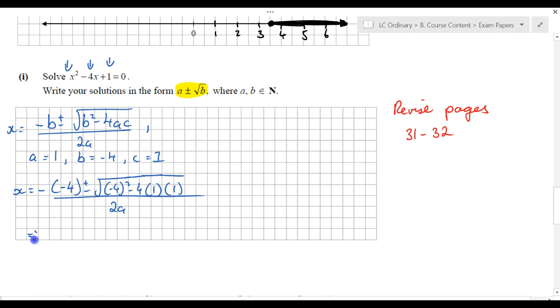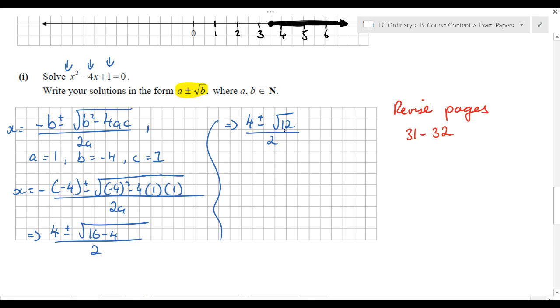This gives two negatives here, which make 4 positive, plus or minus the square root of negative 4 squared, which is 16, subtract 4 by 1 is 4. Subtract 4, all over 2a, 2 times 1 is 2. Okay, so I'm going to continue on up here. 4 plus or minus square root of 12 over 2.